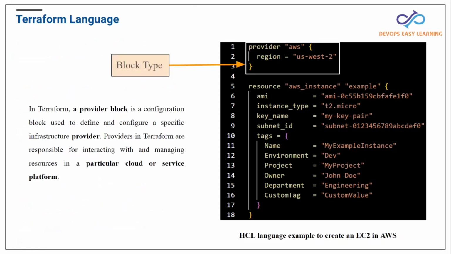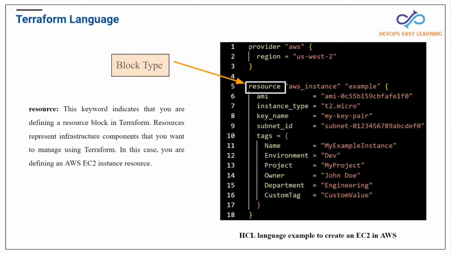The first block here is what we call the provider block. The provider block tells Terraform which cloud provider we want to deploy to, and also in which region. In this case, we want to deploy this resource in AWS, and the region is us-east-1.